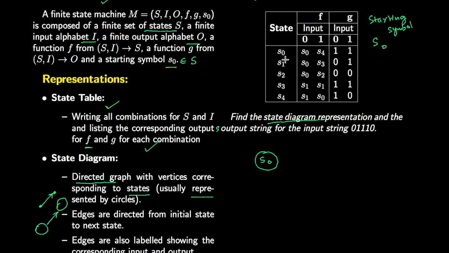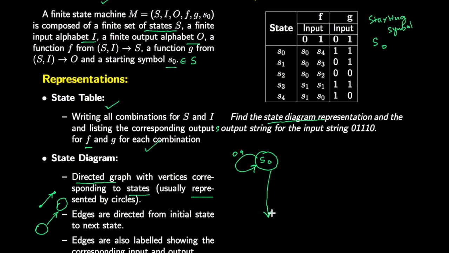Now if we are at S0 and we get an input of 0, we are still at S0, right? So I draw a loop with input 0. The output I will put in later. If I am at S0 and my input is 1, I get to S4.